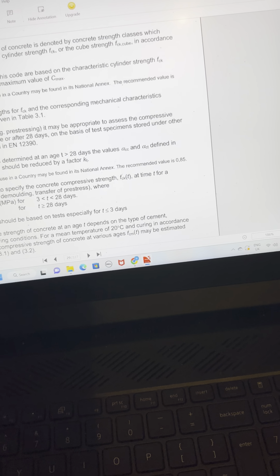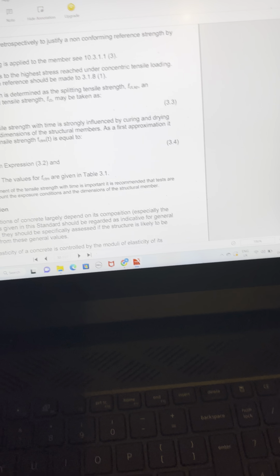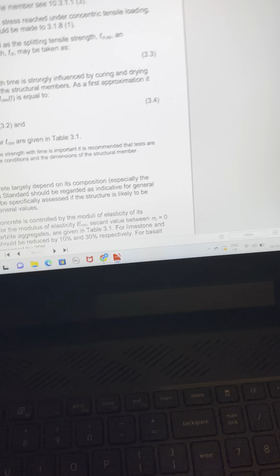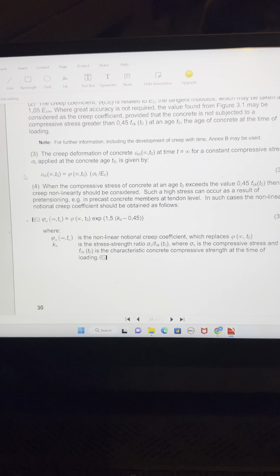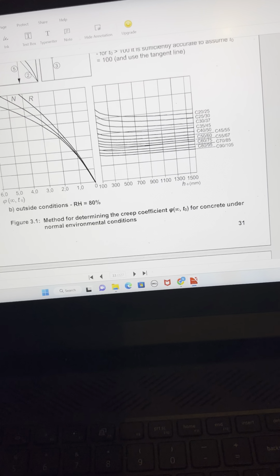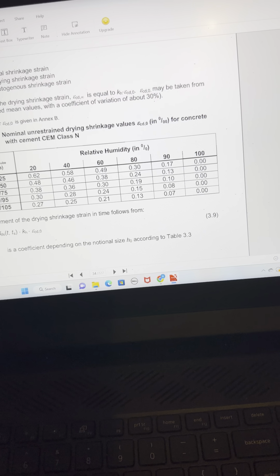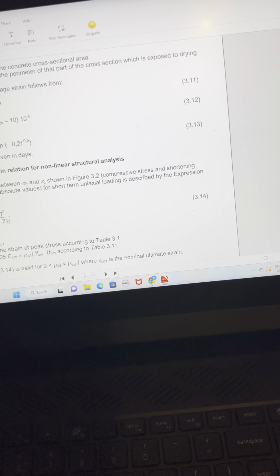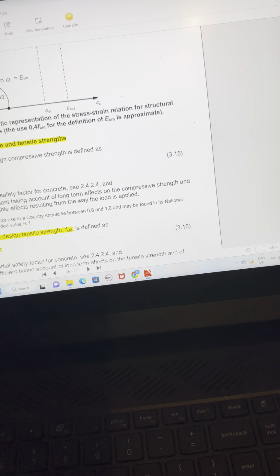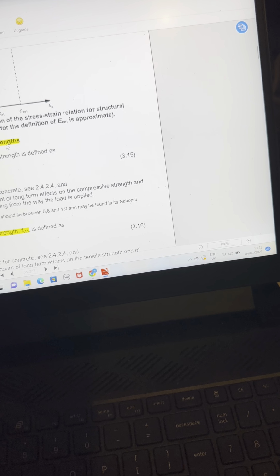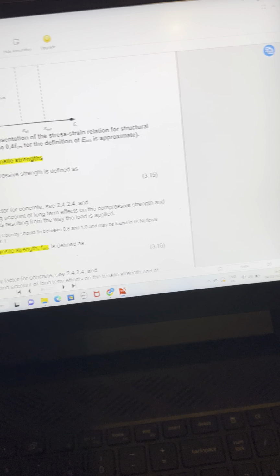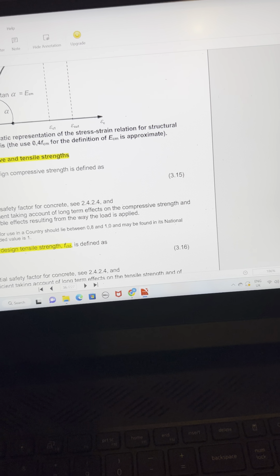Let's go to the formula where we can get the value of the design yield strength of reinforcement. The design compressive strength is alpha cc fck by gamma c.